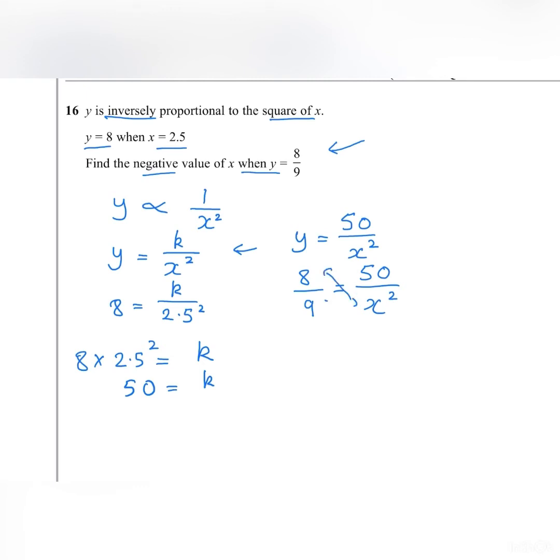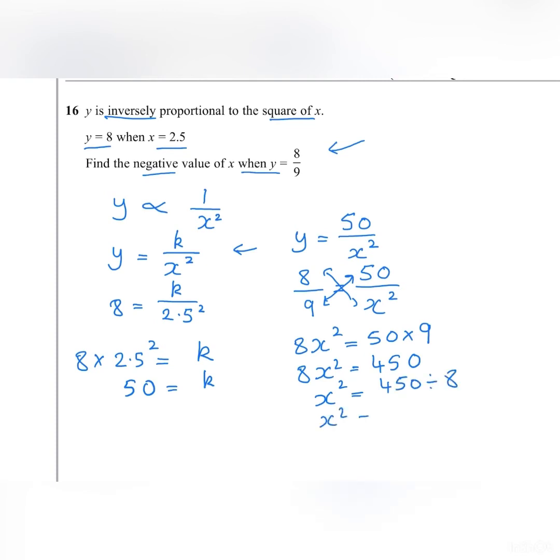We can cross multiply, and it will be 8x squared times by 50 times by 9. So 8x squared is 450. x squared is 450 divided by 8.